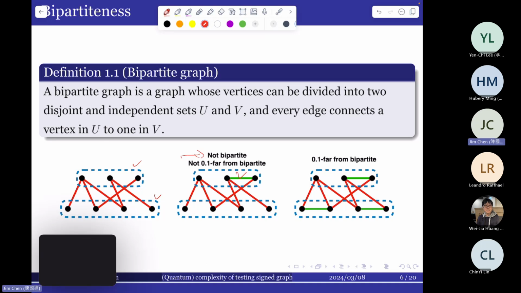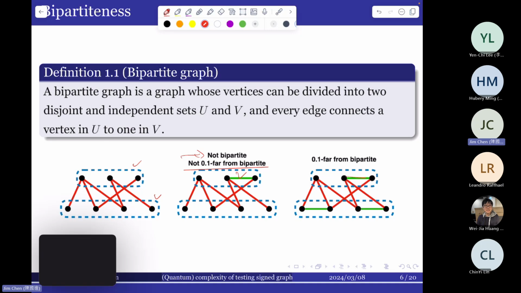In other words, to generalize this idea, if we are allowed to remove a few edges to make the graph become bipartite, we call it not far from bipartite, or close to bipartite. And there is another scenario.